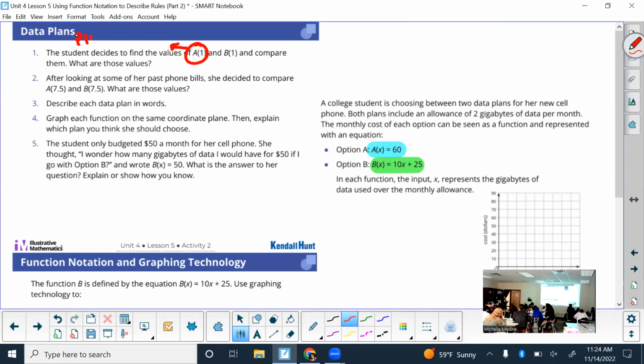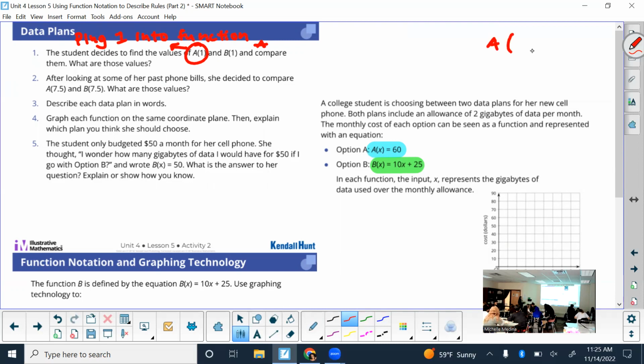Good, so since it took you guys a while to get there, circle this on your paper and write what I'm ready. So what this is telling you to do is plug 1 into function A. All right, A of 1 is just telling you to plug 1 into function A. And here is function A, so plug it in.